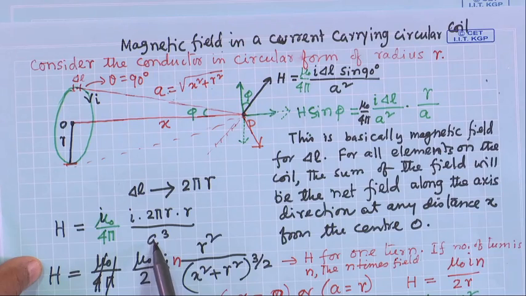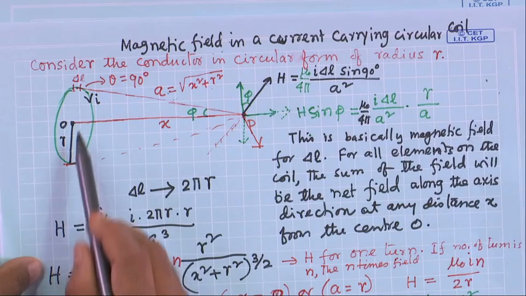So, x square plus r square to the power 3 by 2 and this r square. So, 2 pi and 4 pi, mu 0 is there, and now here I have multiplied with n. So, this is for one turn.